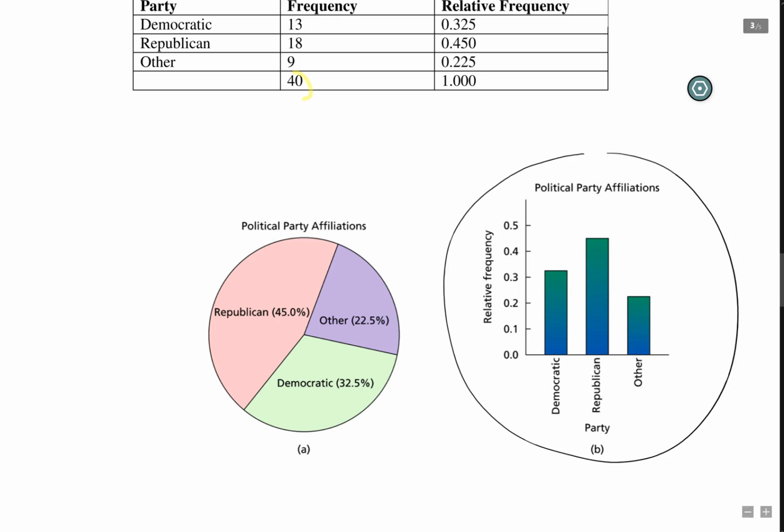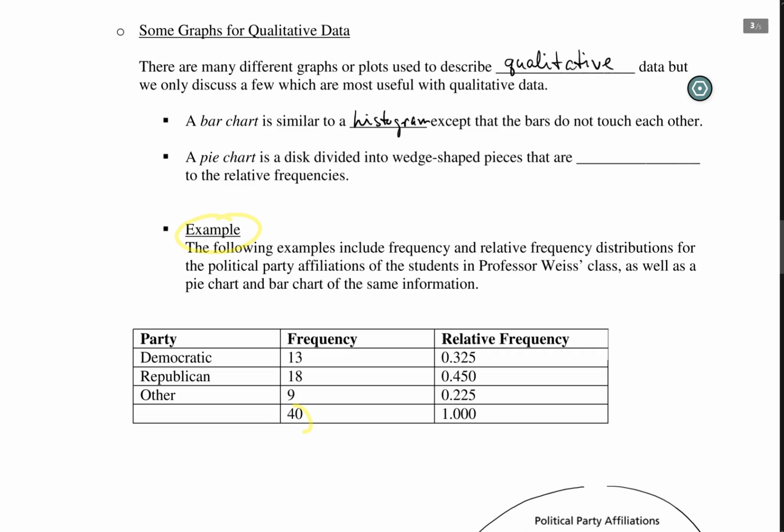You can see on the horizontal axis, it gives the classes or the categories for the qualitative variable, and on the vertical axis it gives the relative frequency of those respective categories. So 32.5% were Democratic, 45% were Republican, and so forth. That's called a bar graph, sometimes a bar chart.